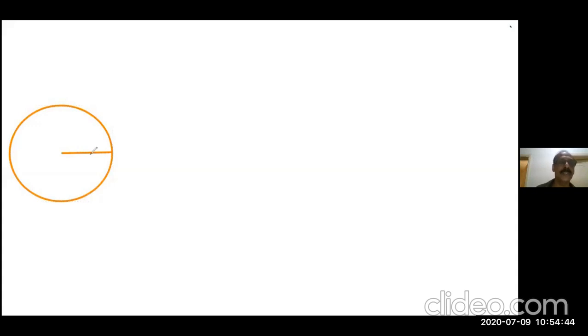This is vector R1, O to P. Here is vector R2, O to Q. This is the center O to Q. At this point, velocity V1, you take around 3 centimeter length here. Here you take the velocity V2.